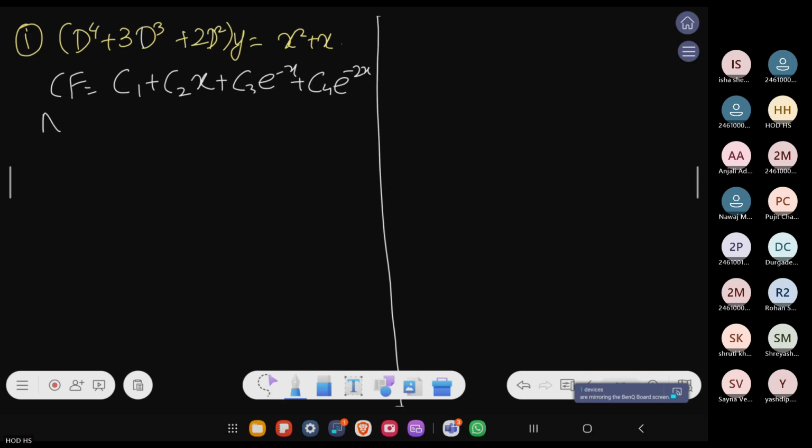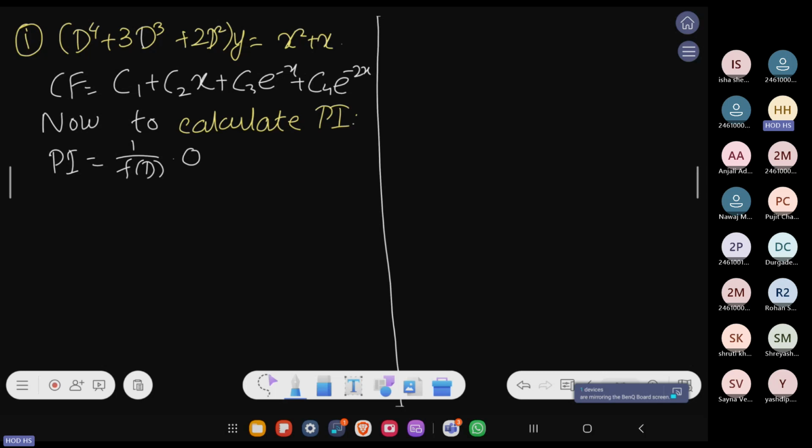Now, to calculate the particular integral, we have to calculate it as PI equals 1 upon f of D times q of x. But in my case, f of D is D square times D square plus 3D plus 2 times x square plus x, right?